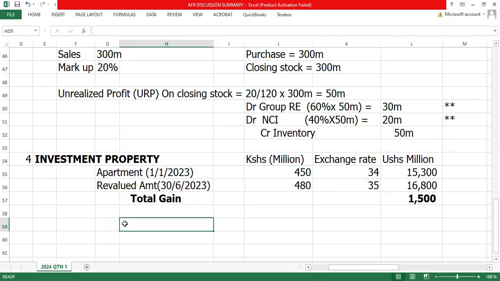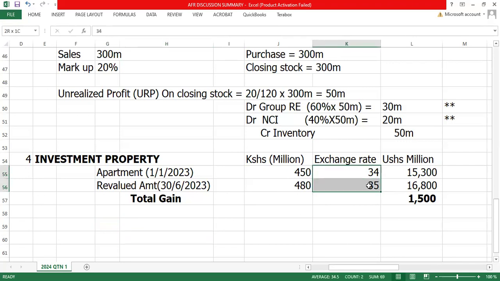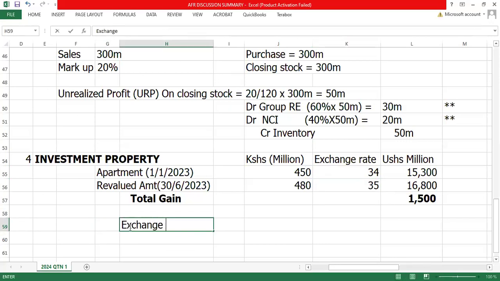When I look at the exchange rate, it means there is a gain, because the rate has increased. So you get the forex exchange gain. Are you guys still on forex exchange? Yes.